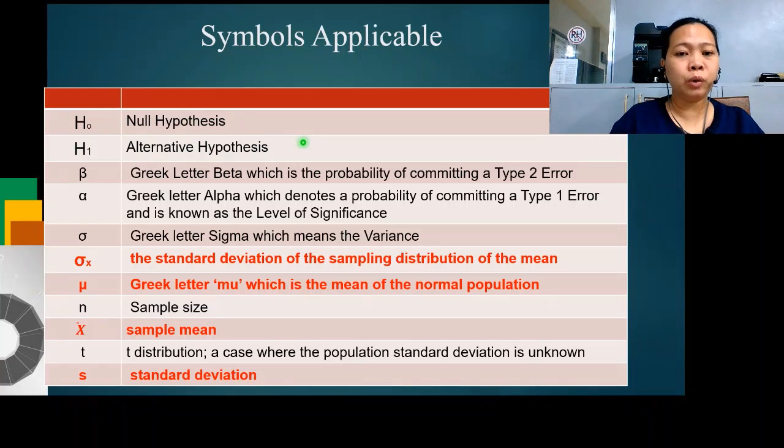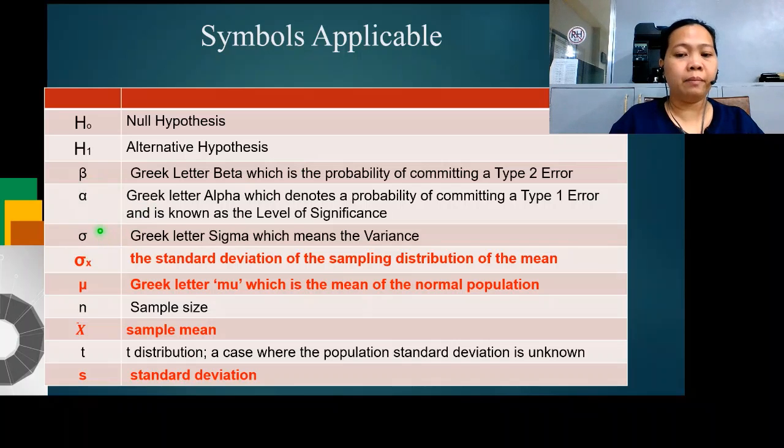Later on, we will discuss and define these hypotheses, null and alternative, so that you can make your own null and alternative hypothesis for a particular problem. Beta is the probability of committing a type 2 error. Alpha denotes the probability of committing a type 1 error and is known as the level of significance.